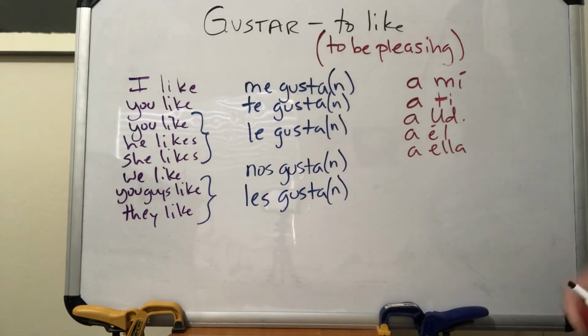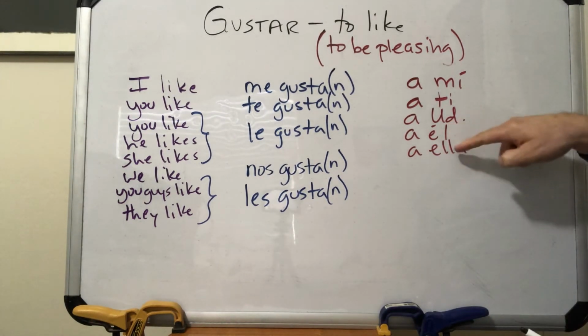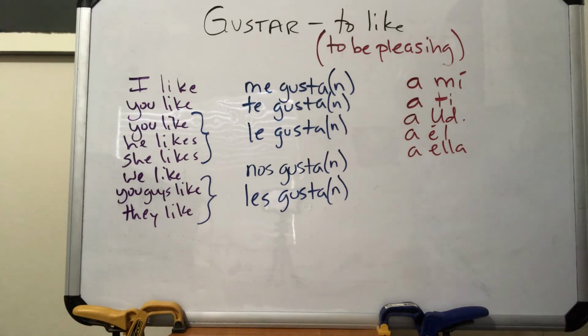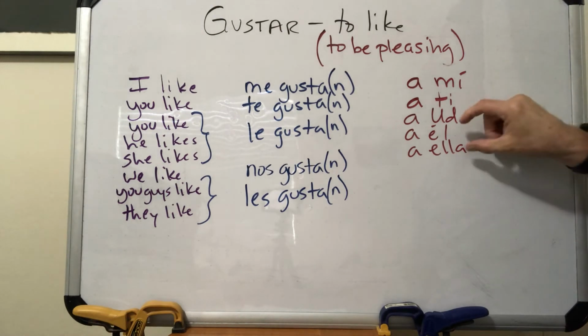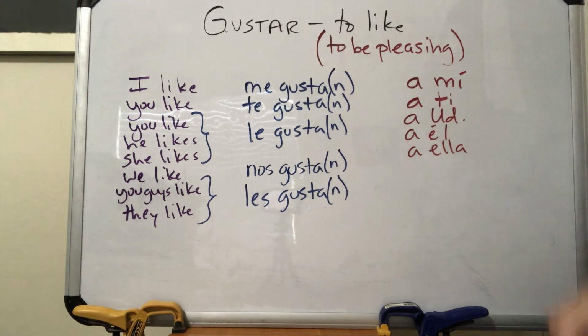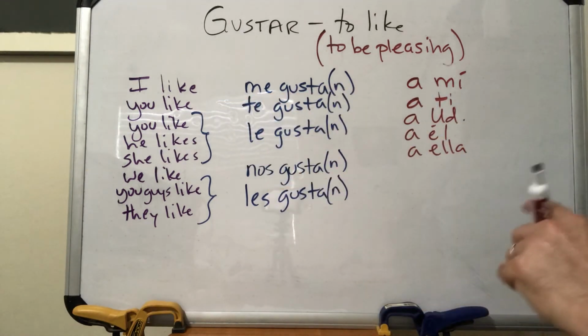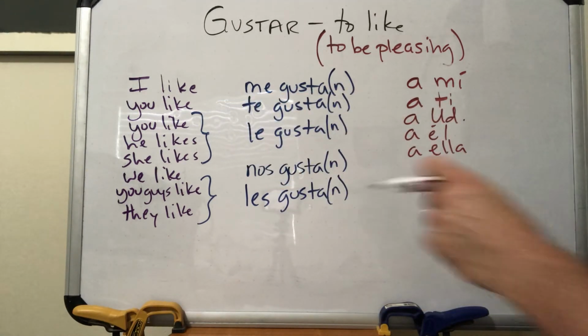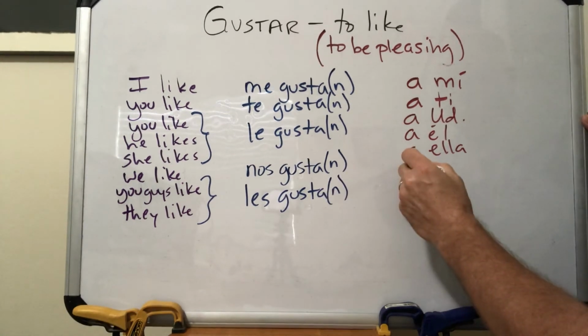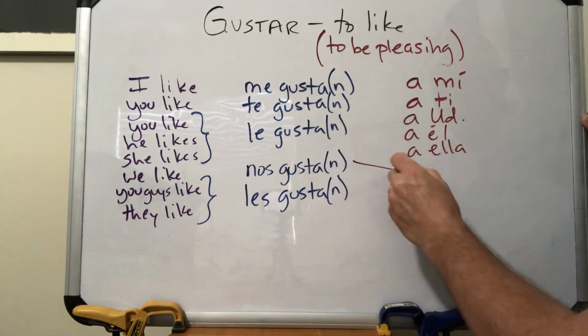Now remember, with él or ella, that we could actually put the name in there. So we could say a Miguel or a Estela. We could actually put a name in there instead of the él or the ella to clarify that we're talking about, oh, he likes it, which he and which she. Nos gusta would be a nosotros. I'm kind of getting off track here, so let me draw an arrow.